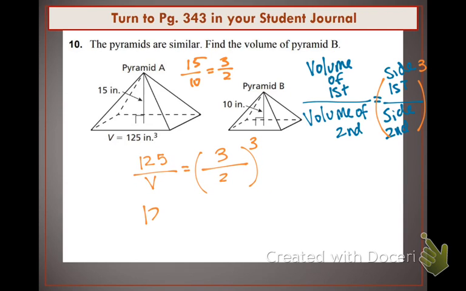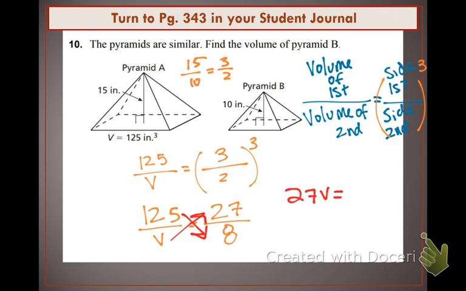So we cube next, so 125 over V equals 3 cubed, 27, over 2 cubed, which is 8. You're good. Multiply across, you get 27V equals 8 times 125, which is 1,000 even.